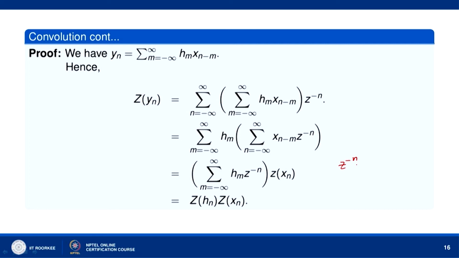We can write z to the power minus n as z to the power minus (n minus m) times z to the power minus m.